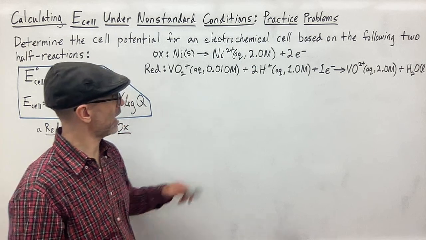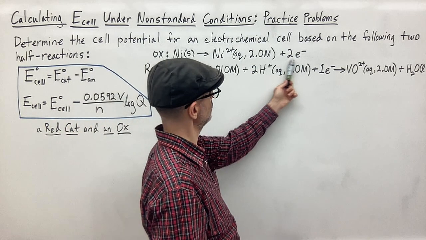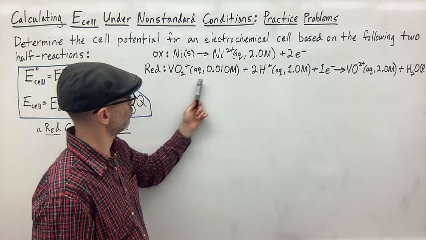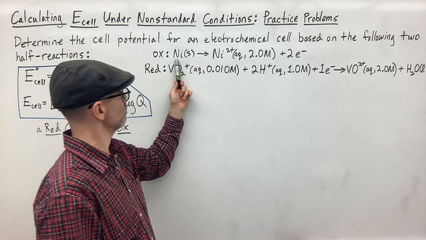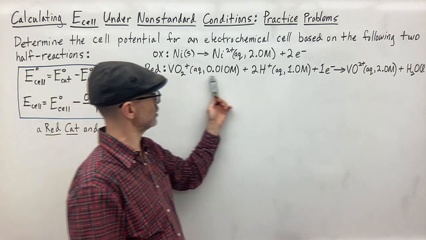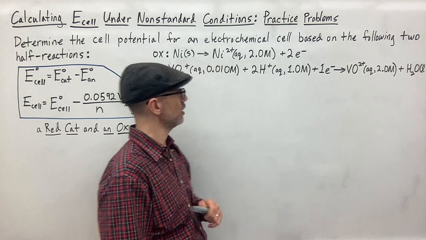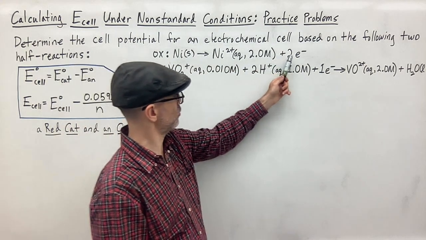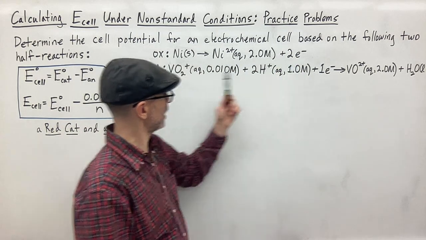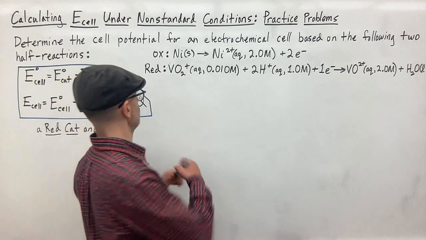So here we have two electrons being released by our nickel. And for this reaction, we have one electron being taken up as a reactant. So in order to get these electrons equal, I need to multiply this equation by 2.